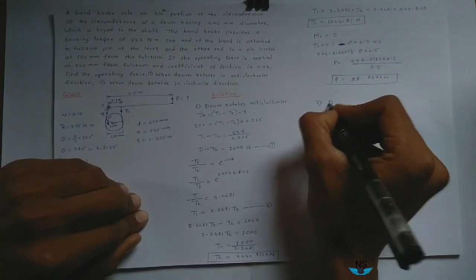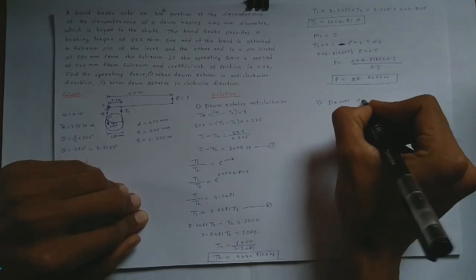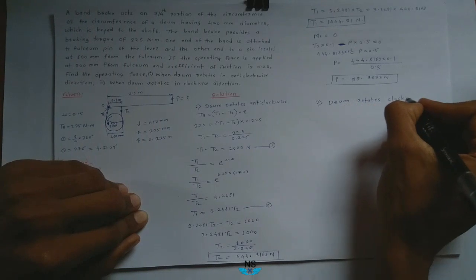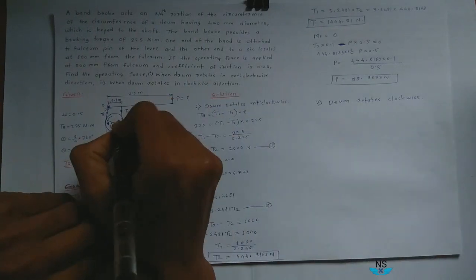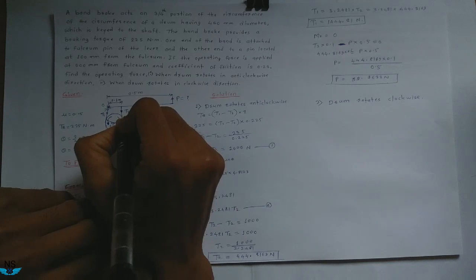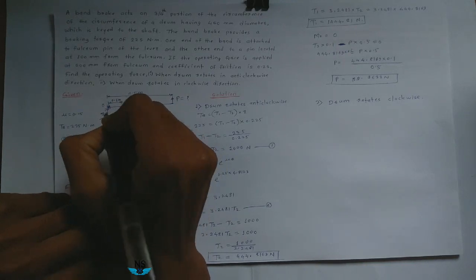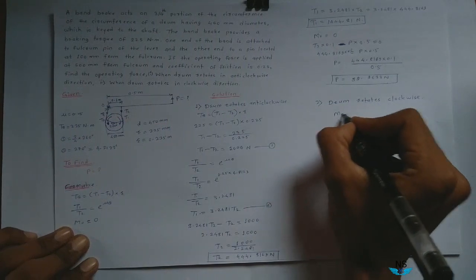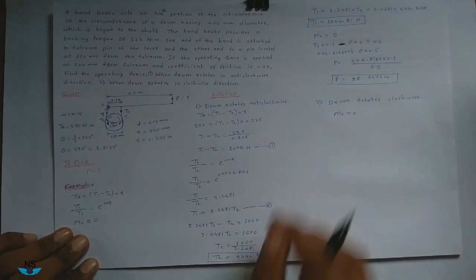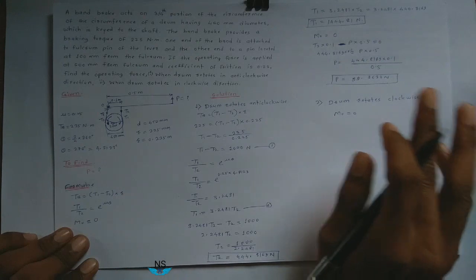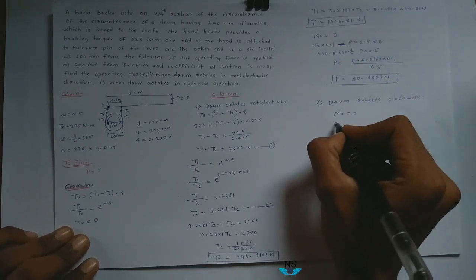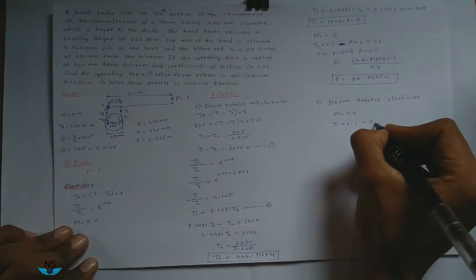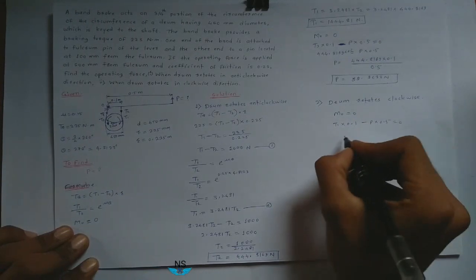Now second condition: if the drum rotates clockwise, for clockwise rotation this side becomes the tight side and this side becomes the slack side. So take moment at O is equal to 0. These values are the same for both conditions. So T1 into 0.1 minus P into 0.5 is equal to 0.